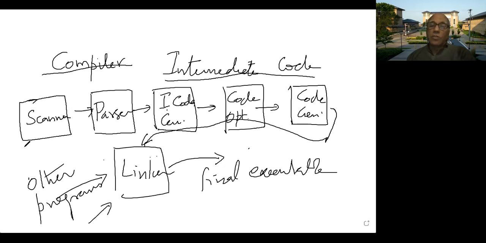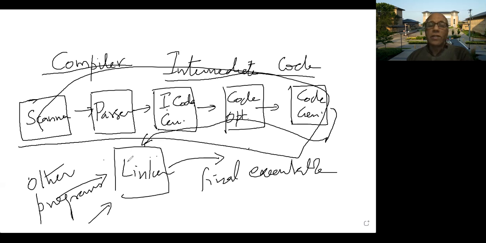Sometimes, many years ago, when I used to work more with C programs, I used to do the linking separately using the same system. So I used to think of it as the compiler and the linker. But nowadays with Java, I don't think about the linker at all. I only think about compilation.